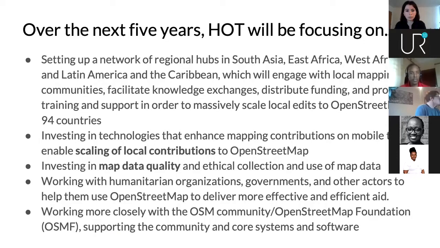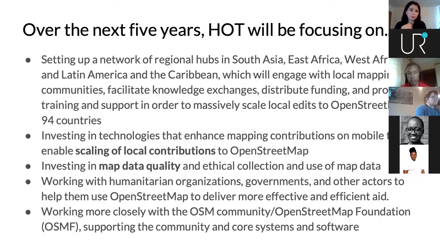So we'll be working to support local communities in different countries, and we're going to do this by setting up 4 regional hubs in each of the different regions, and also investing in technologies to make sure that mapping contributions on mobile and other platforms enable scaling of local contributions to OpenStreetMap.